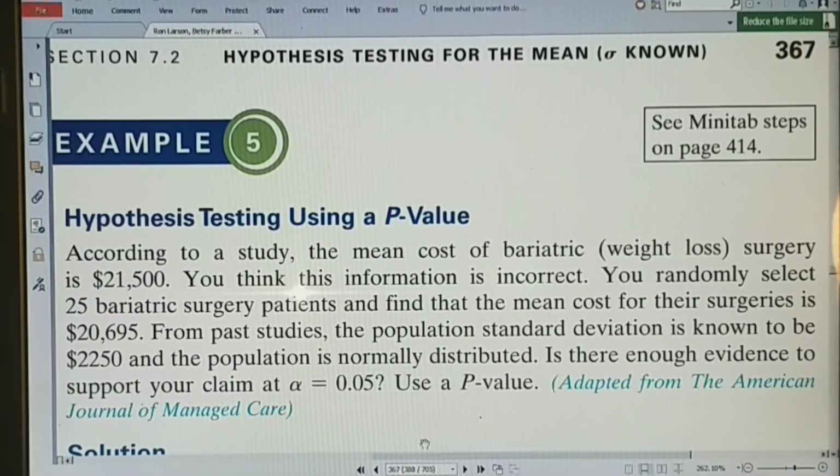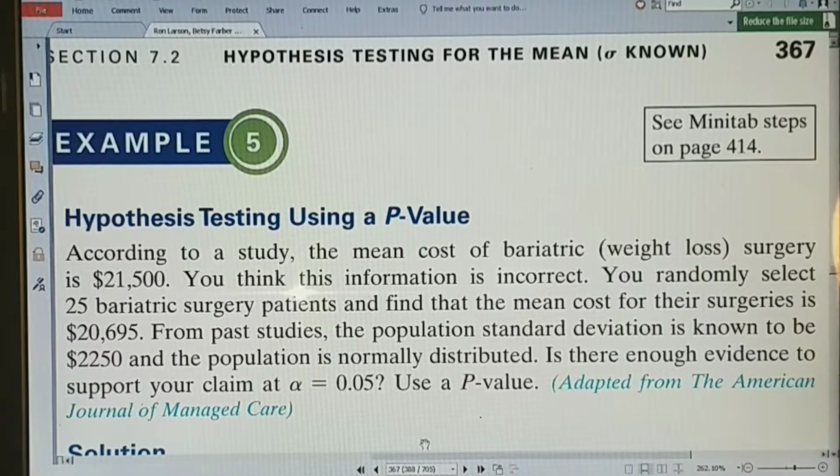Okay, so let us take this example. According to a study, the mean cost of bariatric weight loss surgery is $21,500. You think this information is incorrect. You randomly select 25 bariatric surgery patients and find that the mean cost for their surgeries is $20,695.